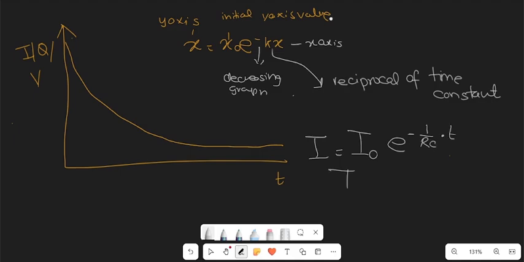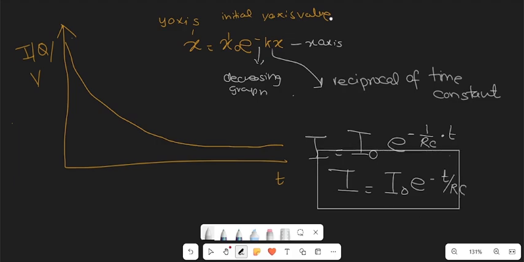The formula becomes I equals I naught e raised to the power minus t over RC. You can do the exact same thing with V: V equals V naught e raised to the power minus t over RC, or Q equals Q naught e raised to the power minus t over RC, because these three are the ones that decrease exponentially.